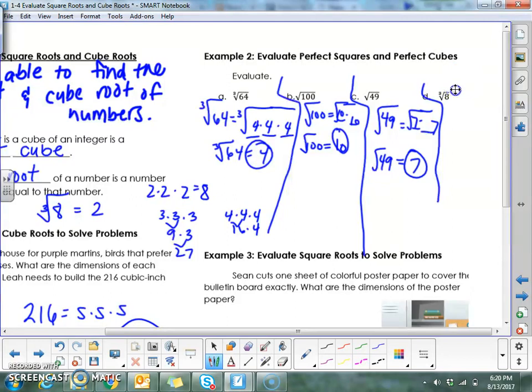And then finally, the cube root of 8. Did this one at the beginning here. That's our first cube root that we have besides 1. So we're looking for what number times itself 3 times gives us 8. That's going to be 2, because 2 times 2 times 2 gives me 8. So our answer for this one is 2.